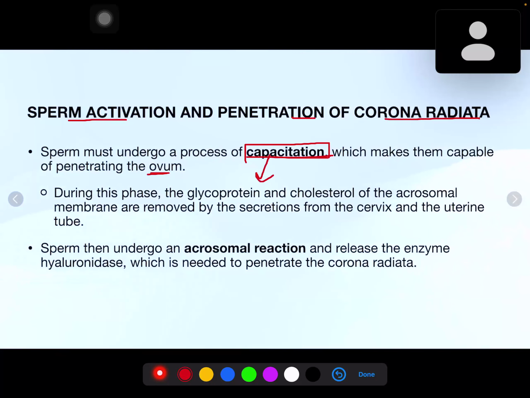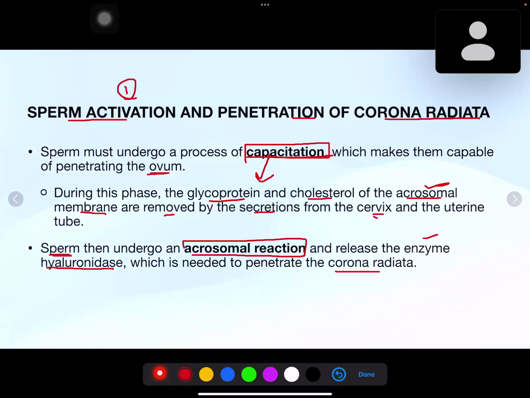In this phase, glycoprotein and cholesterol of the acrosomal membrane are removed by secretions from the cervix, when the sperm enters the female genital tract. Then the sperm undergoes an acrosomal reaction, which releases the enzyme hyaluronidase, needed to penetrate the corona radiata.